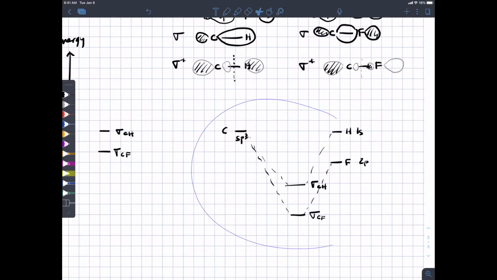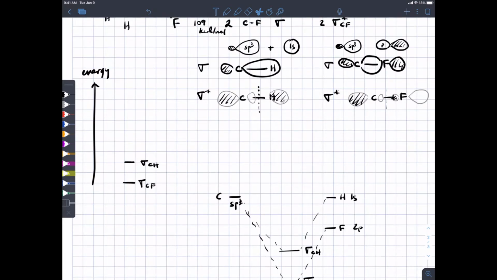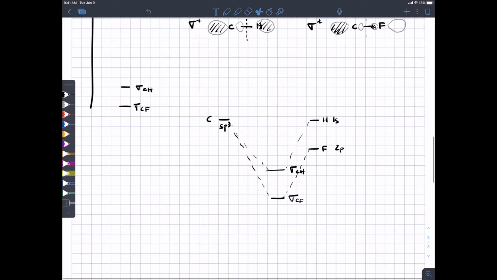Now, how about the energy difference between the anti-bonding orbitals, sigma star for carbon-hydrogen versus sigma star for carbon-fluorine? What do you expect there? Do you remember what we learned in chapter 14 or chapter 1?